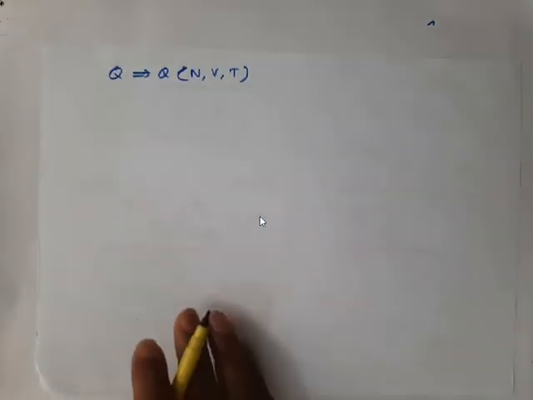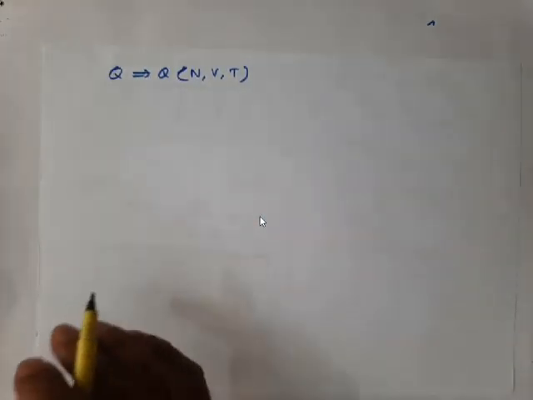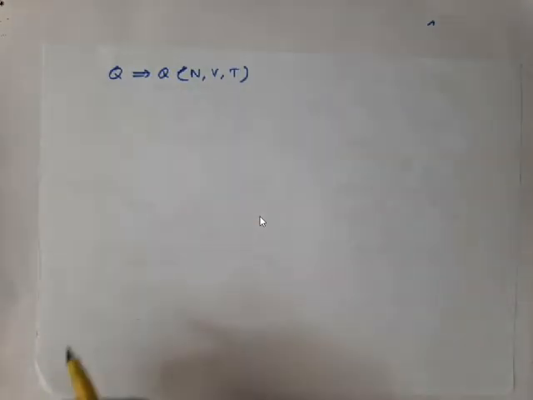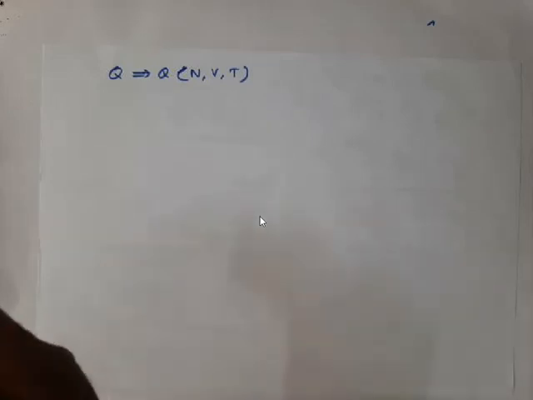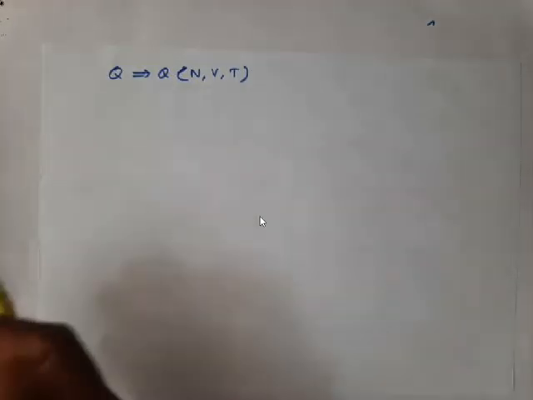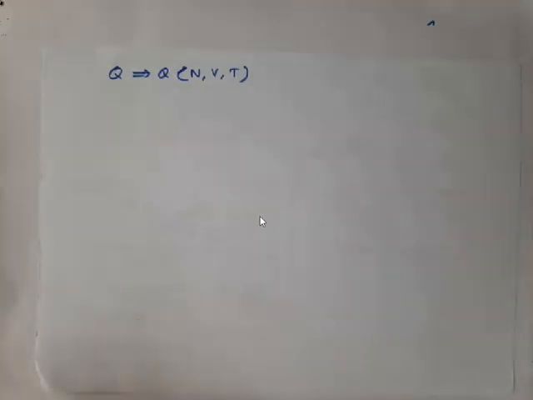Why is it called molecular partition function? The reason is the energy levels in which we are distributing the particles are actually molecular energy levels: molecular rotation levels, molecular vibration levels, molecular translation levels. Since they are molecular energy levels, we call this the molecular partition function.